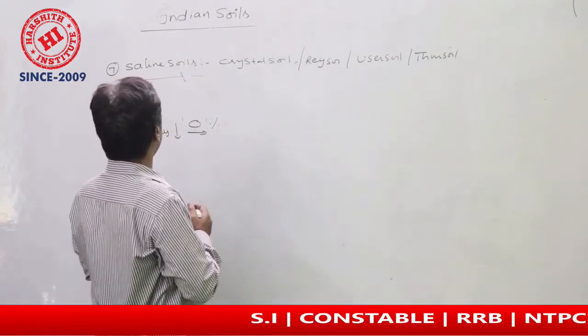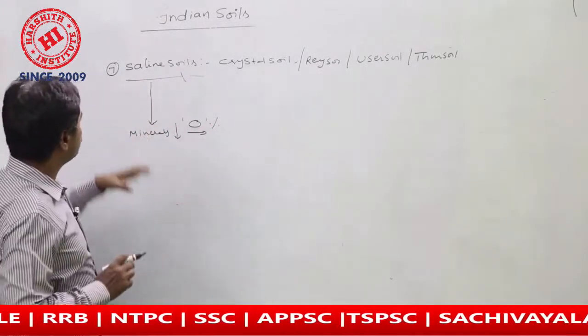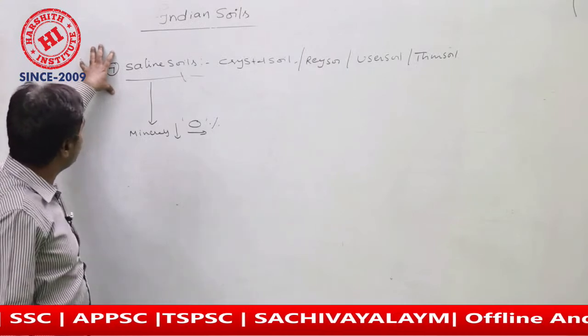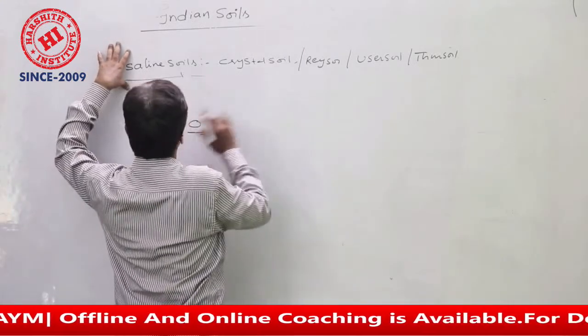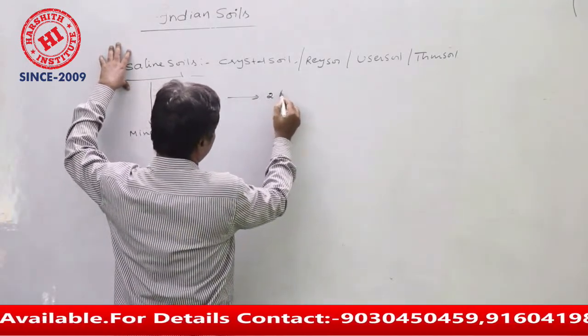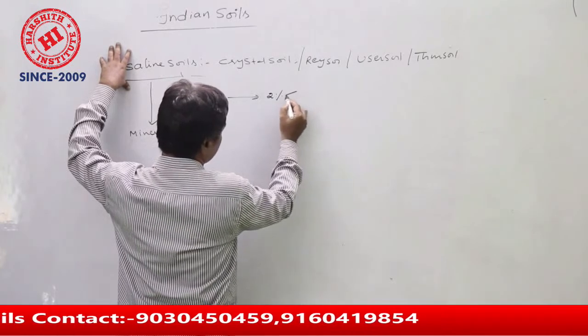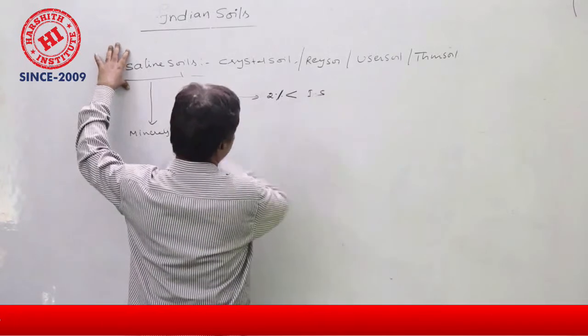They are found on the surroundings of the villages. They are not suitable for any agriculture crops. This type of soil occupies less than 2% of Indian soils.